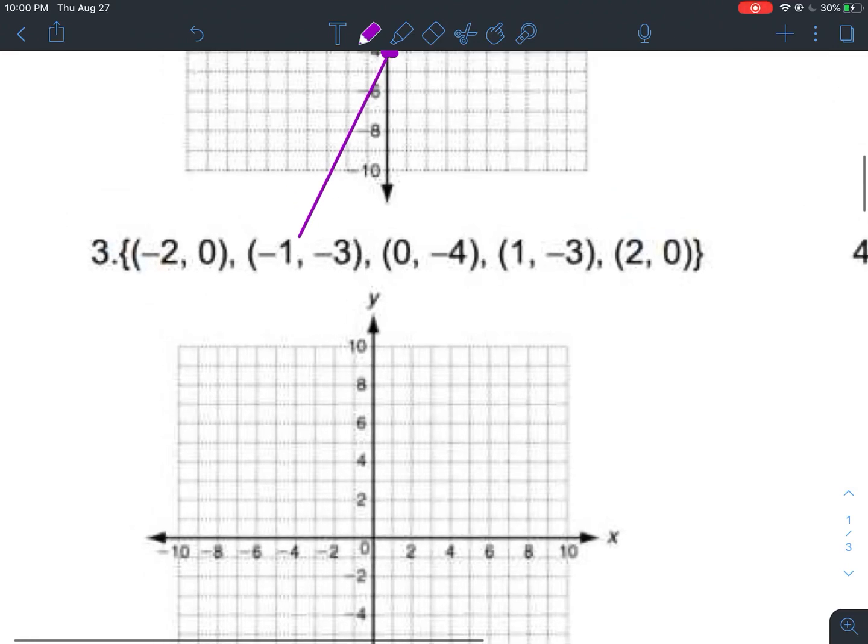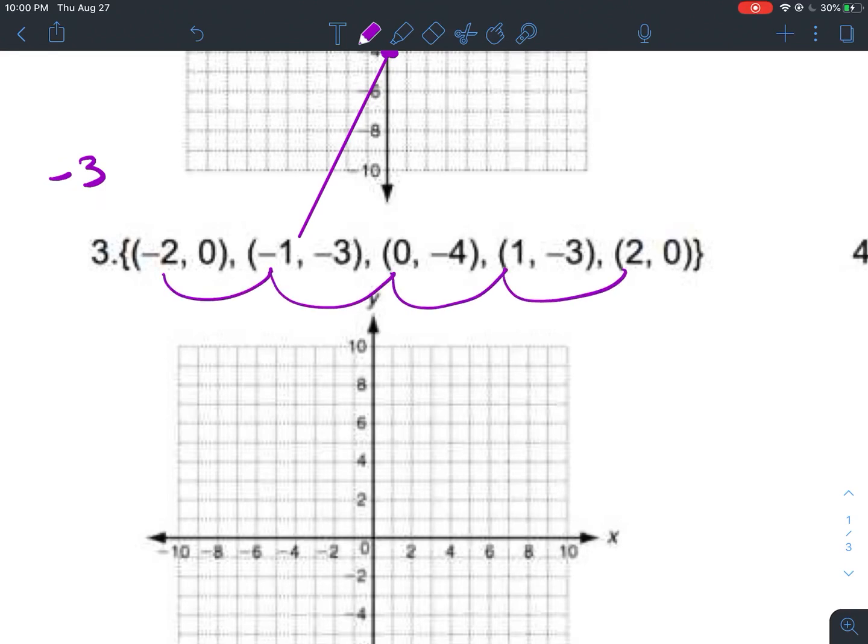So looking at this guy, let's try a common ratio first. Oh, actually, first let's make sure our x values increase by 1 each time. They do. We're good to go. So we're going to do negative 3 divided by 0, which we actually cannot do.